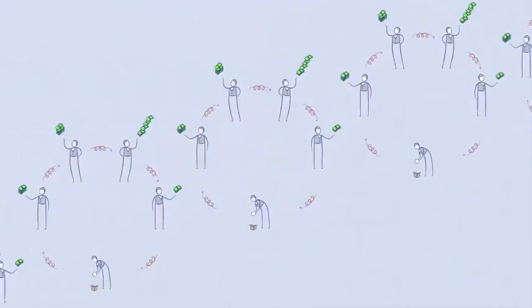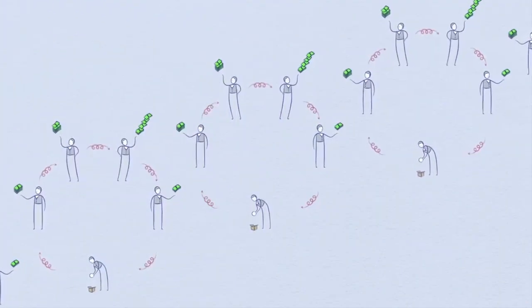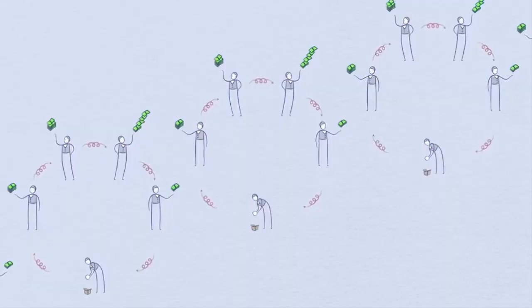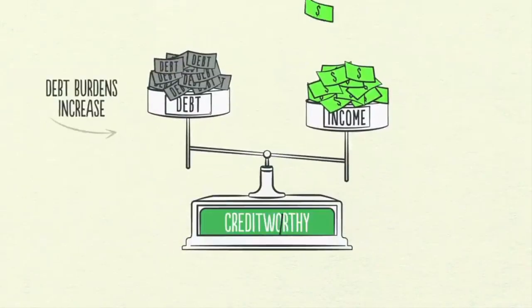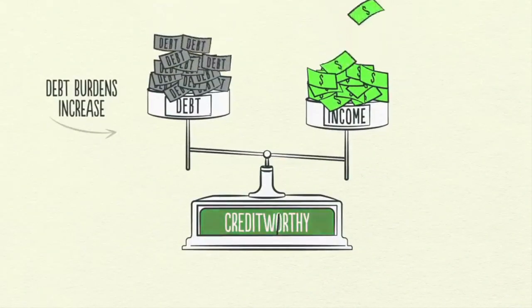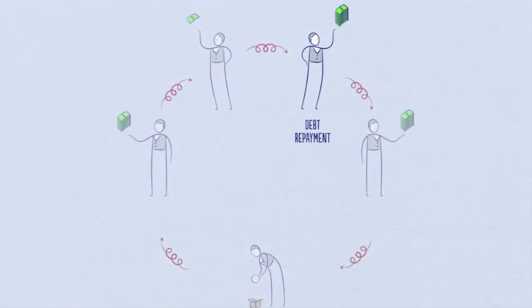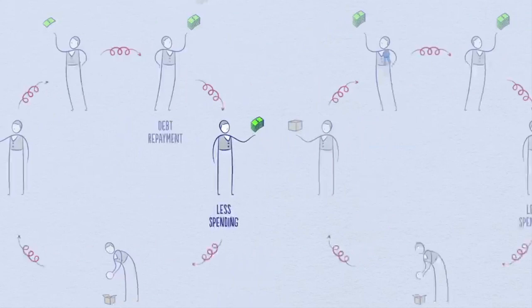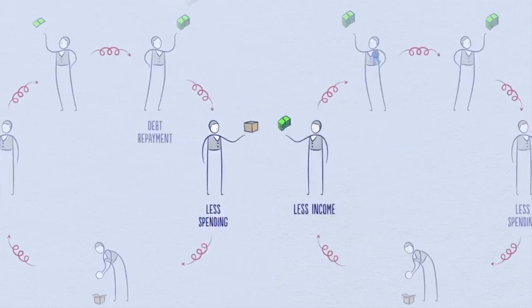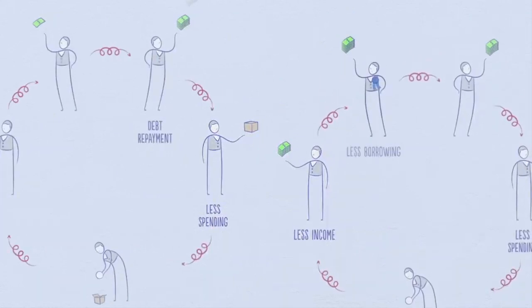But this obviously cannot continue forever. And it doesn't. Over decades, debt burdens slowly increase, creating larger and larger debt repayments. At some point, debt repayments start growing faster than incomes, forcing people to cut back on their spending. And since one person's spending is another person's income, incomes begin to go down, which makes people less creditworthy, causing borrowing to go down.